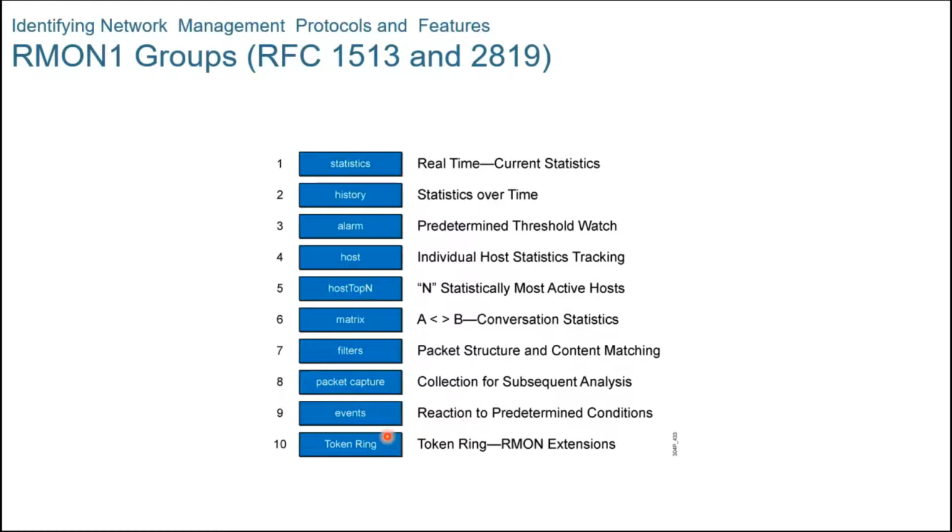So token ring contains the following token ring extensions: ring station, detailed statistics on individual stations, ring station order list, configuration information and insertion or removal data on each station, and source routing.